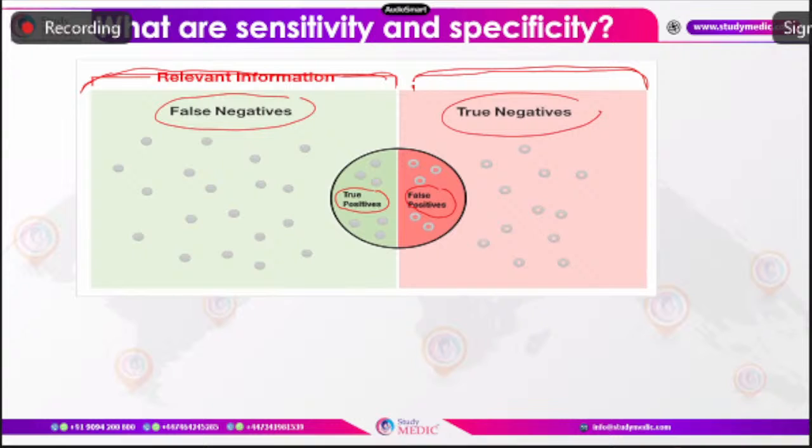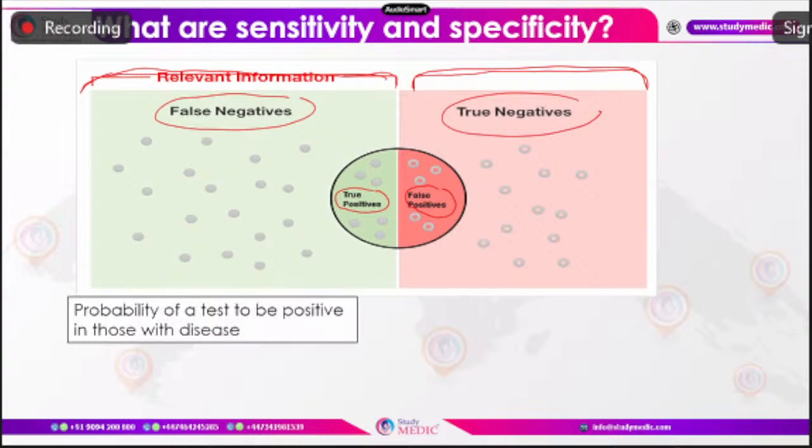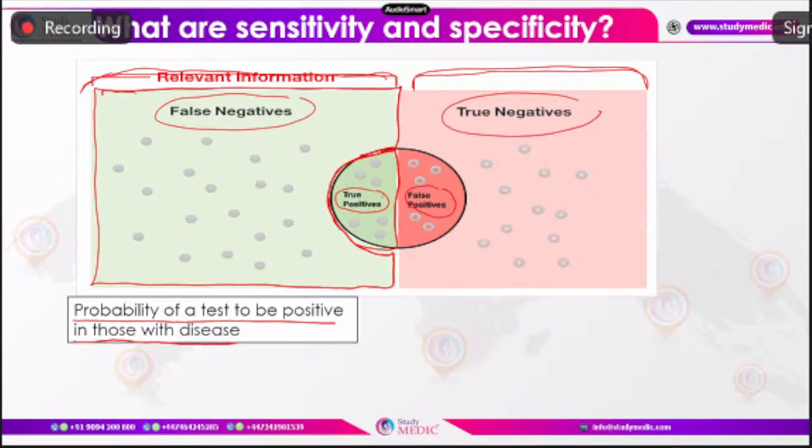Now we will see what sensitivity is. Sensitivity is the probability of a test being positive in those with the disease. That means how many are true positive, amongst those with the disease. So sensitivity is true positive divided by true positive plus false negative.